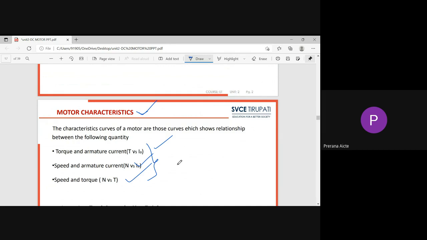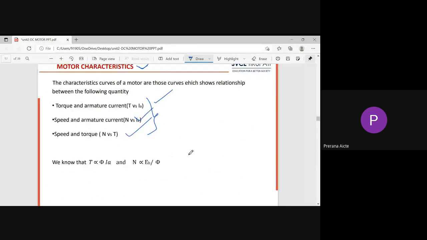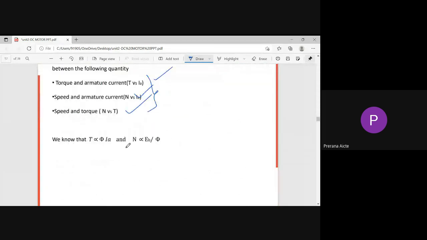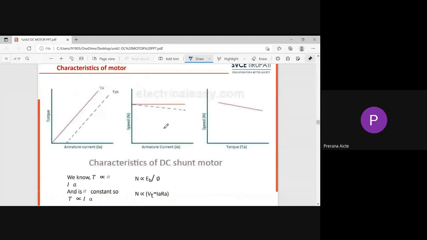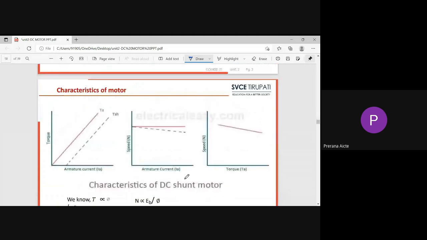To understand these topics, the basic expressions are: torque T is directly proportional to phi Ia, and speed N is directly proportional to Eb by phi. We already know these equations. First, we look at the DC shunt motor characteristics.